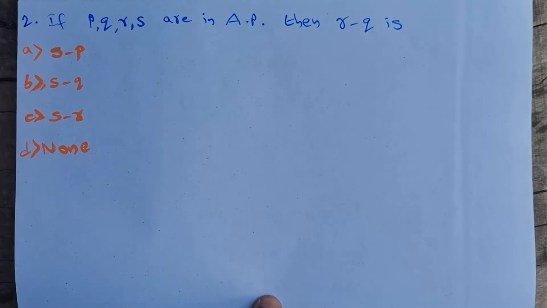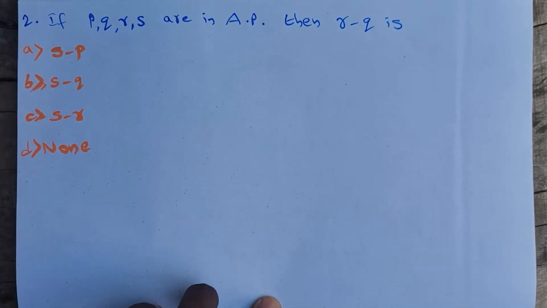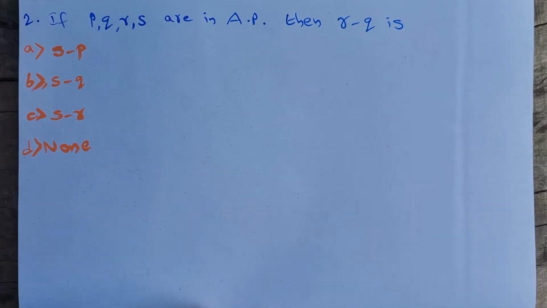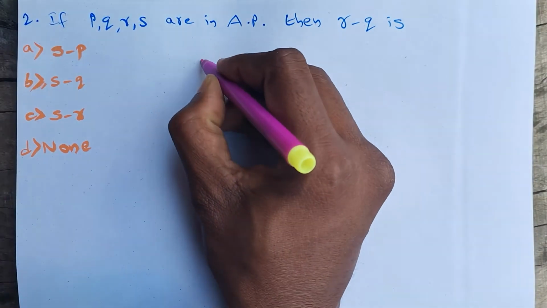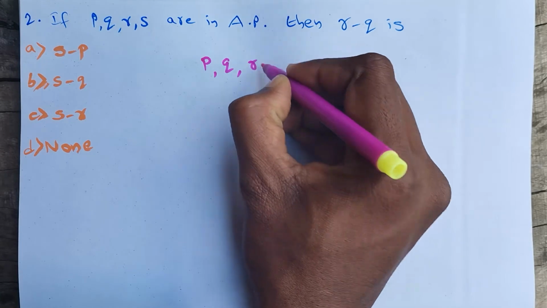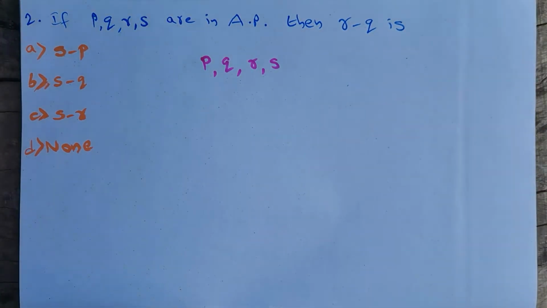Question number 2. If P, Q, R, S are in AP, then R - Q equals how much? He said very clearly P, Q, R, S are in AP. If all those four are in AP, then the common difference will be the same.